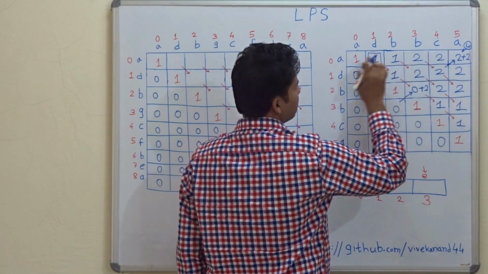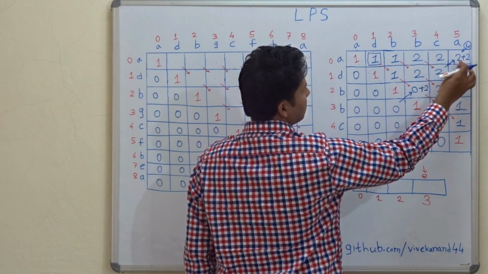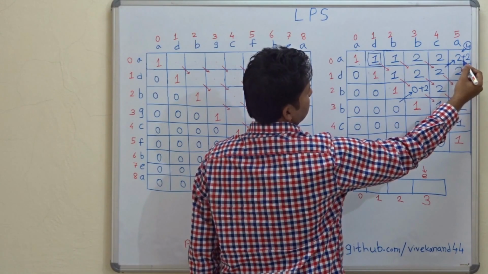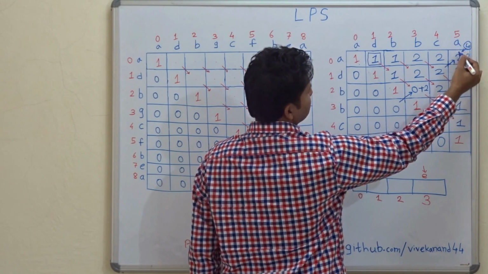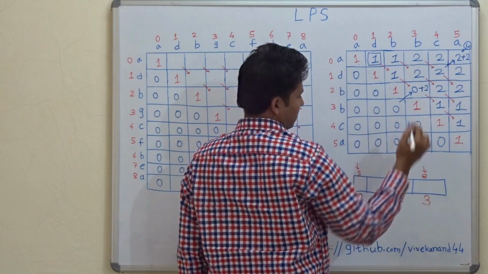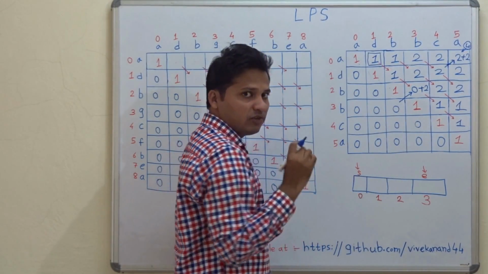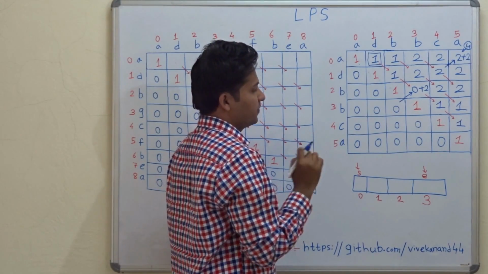So always take the character to which the arrow is pointing. So this cell, the character is A and A. So our first character in the palindrome is A.